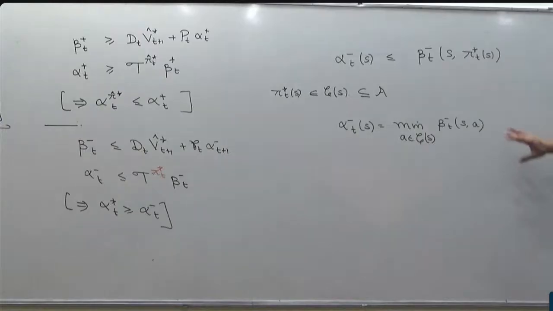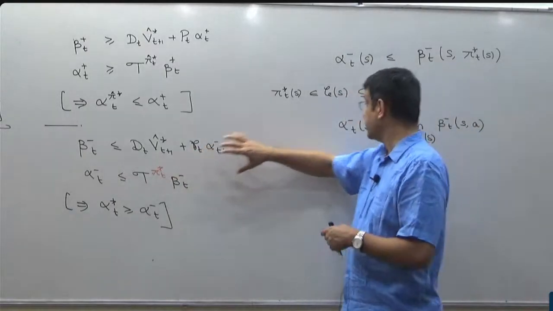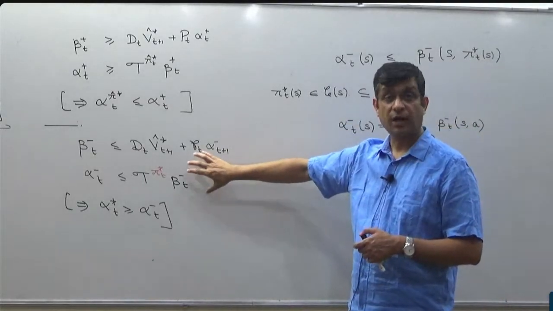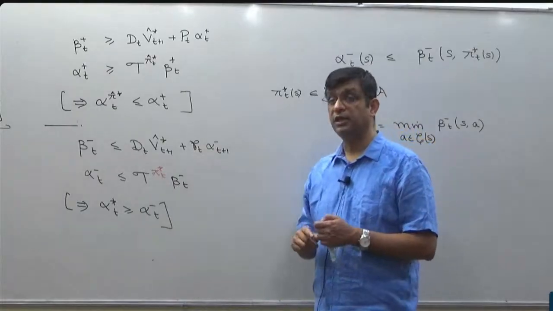In other applications, depending on the underlying dynamics of the system, you may be able to say certain actions are always bad, so at a particular state I do not need to look at them. Some actions are suboptimal, I can drop them and do optimization over a smaller set. Worst case, I replace this with the set of all actions. So what I am now going to focus on is, what about the P dynamics?